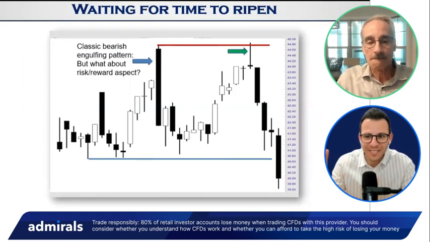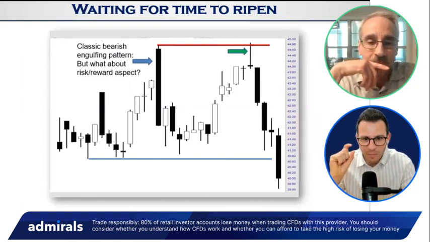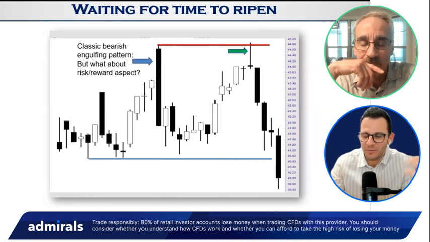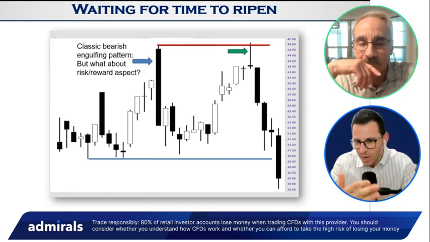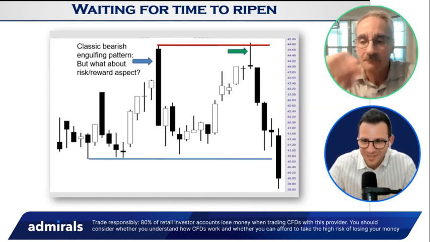But the shooting star's length from high to low is much less than the bearish engulfing, and it makes the shooting star a more lucrative reward to risk trade. So that's all from this discussion.